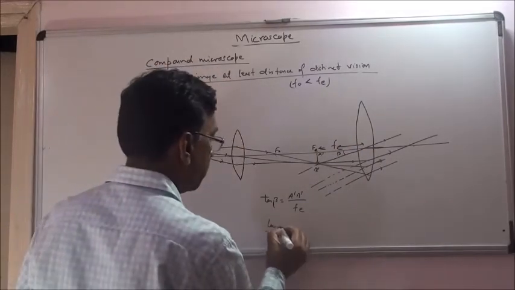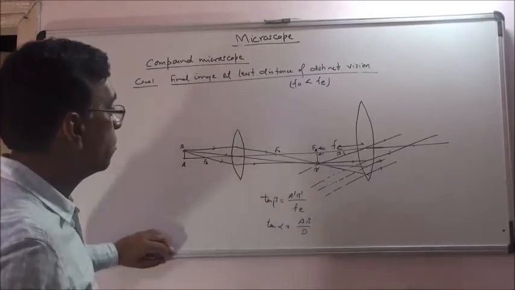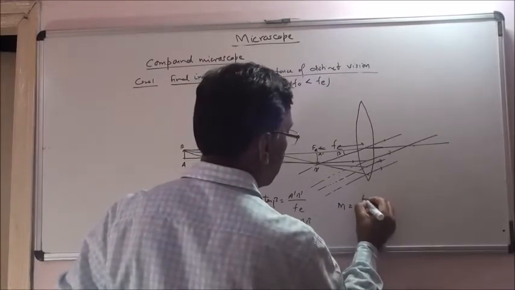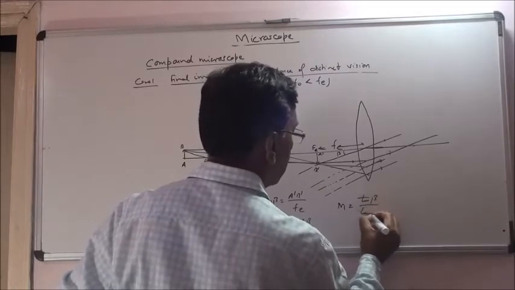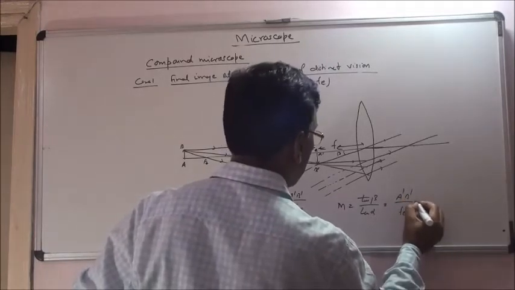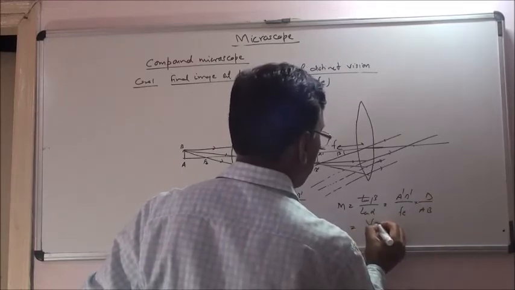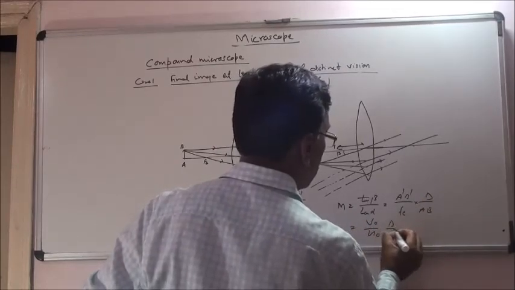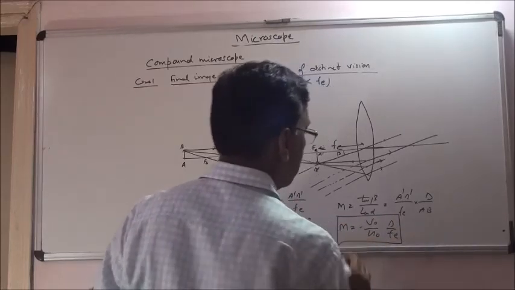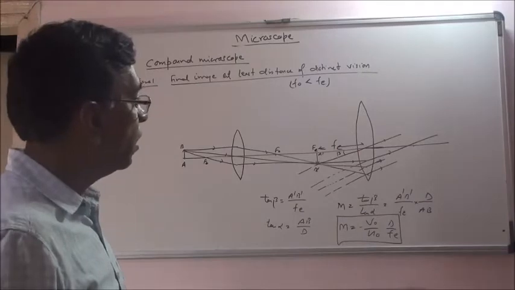And tan alpha, same, AB by D. So M is tan beta by tan alpha: A dash B dash by FE, and this is AB by D. So VO by UO into D by FE. This is the magnifying power of microscope when the final image is formed at infinity.